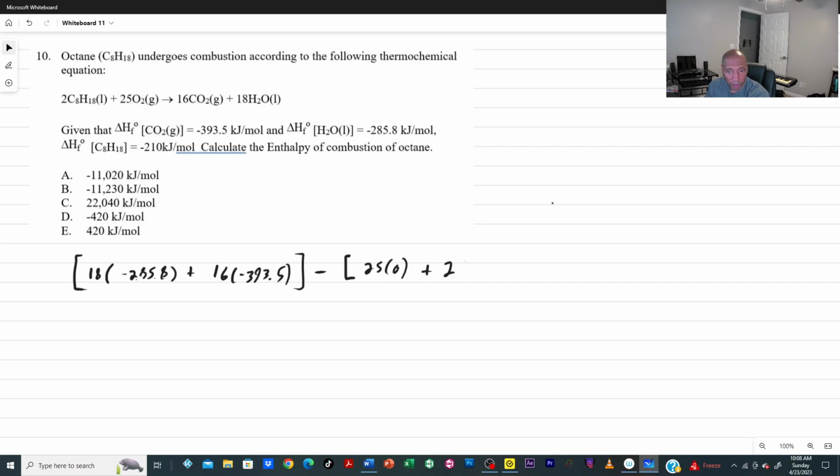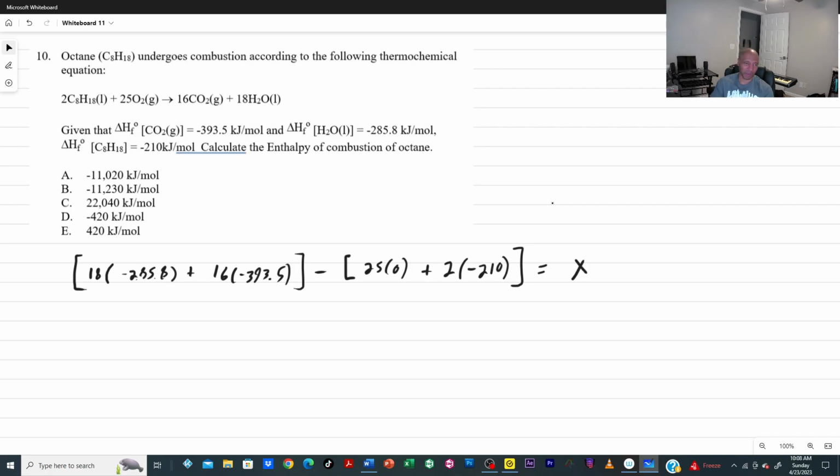Remember, O2 gas is the most stable state of oxygen, so the enthalpy of formation is going to be 0. That's why they didn't include it. Times 2. This time, of course, they're giving you the enthalpy of formation of the fuel in this combustion reaction, which is negative 210.